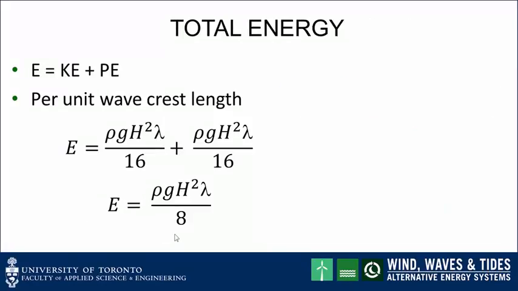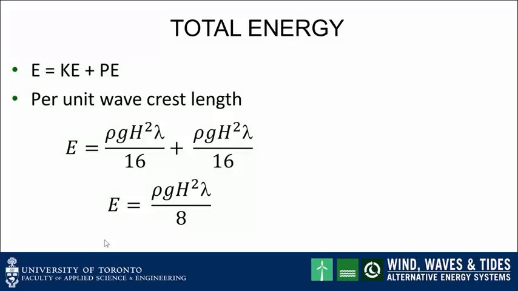The total energy contained in the wave is the sum of the kinetic and potential energy, again calculated per unit wave crest length. So the sum of the kinetic and potential energy is E, which is rho g h squared lambda divided by 8.